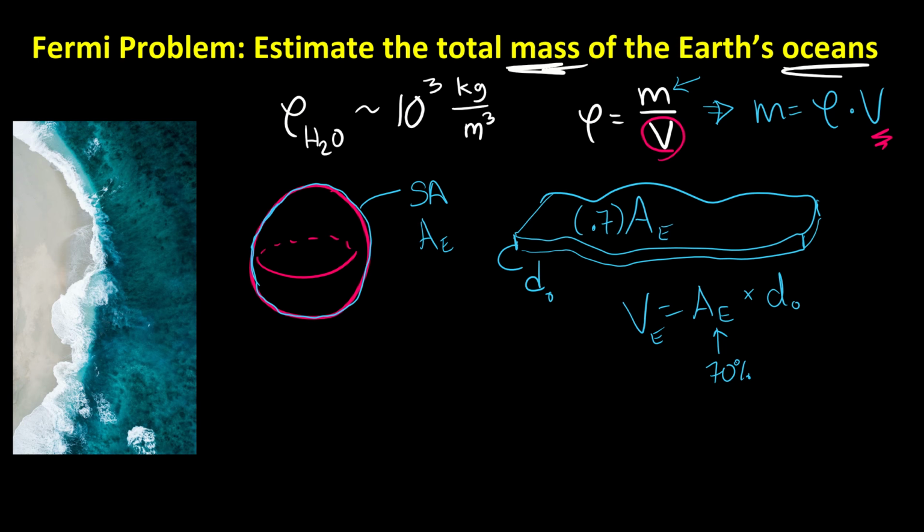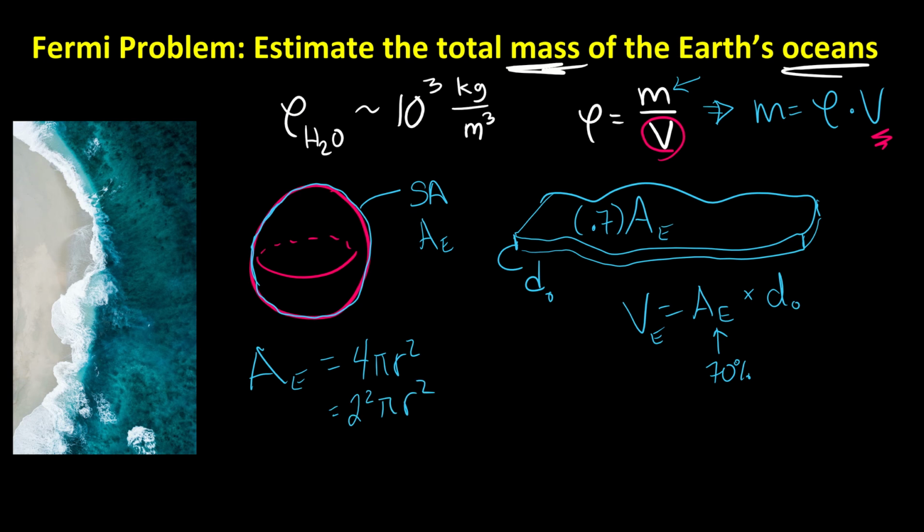Okay, to find the volume, though, I need the surface area of the Earth. So surface area of a sphere is found by taking 4 pi r squared. I can also rewrite that, because 4 is 2 to the power of 2.